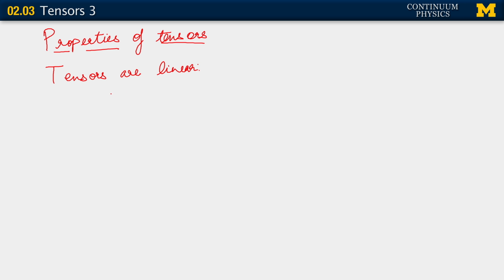What this means is the following. Supposing we say that tensors A, B, C are all tensors of the kind that we've just seen. So that means that they all belong to this mathematical space that we are calling GL3.